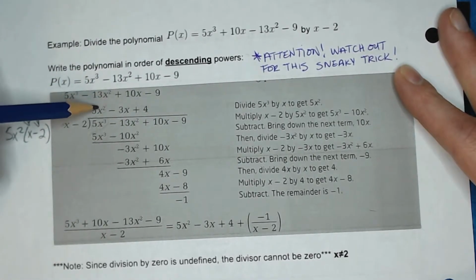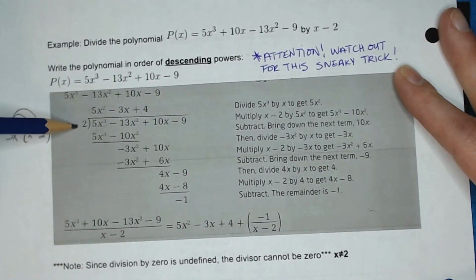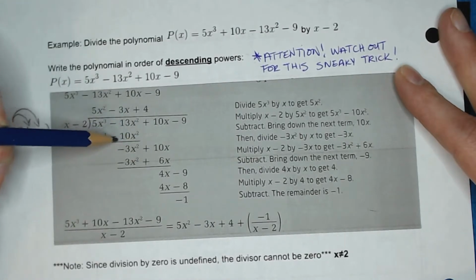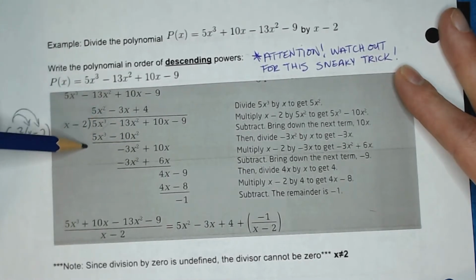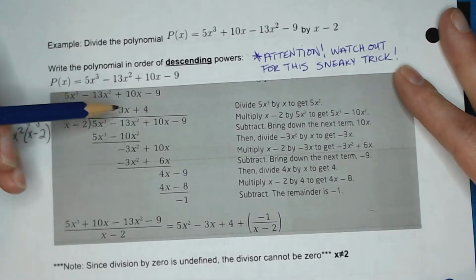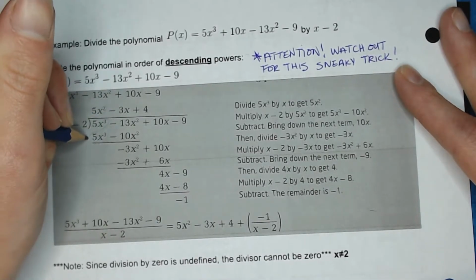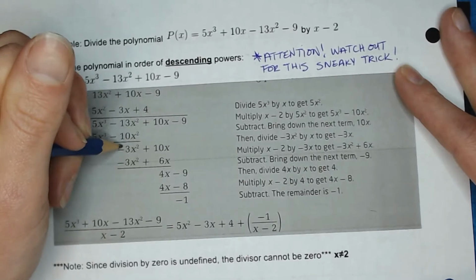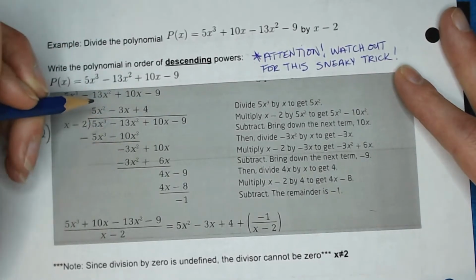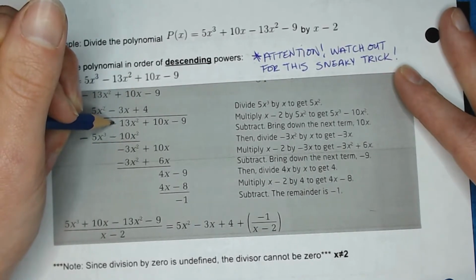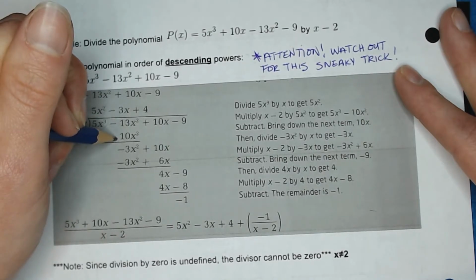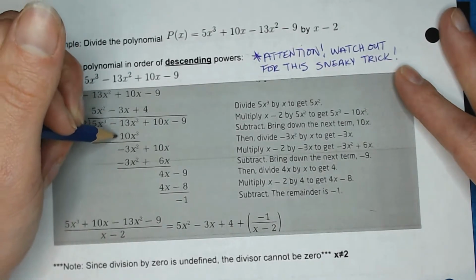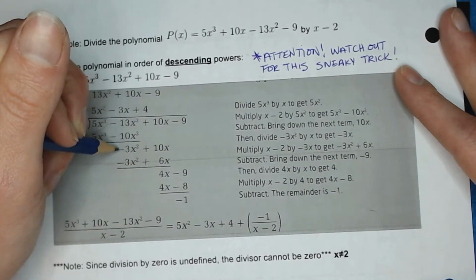So the second step is 5x squared times negative 2, which gives us negative 10x squared. This minus this is, of course, 0, so we're done with that term. And then you're subtracting here. If you're wondering why that's negative, it's negative 13x squared minus negative 10x squared, which is the same as adding 10, or negative 3x squared.